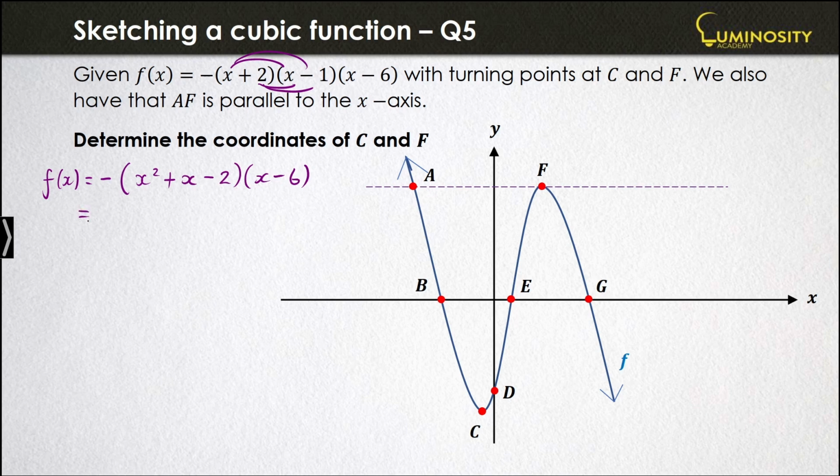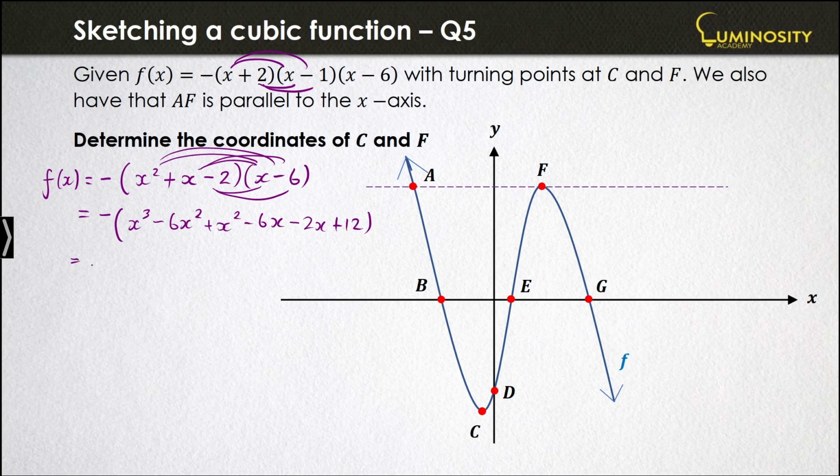I'll leave this negative sign out for the last. So I'm going to first expand out these terms. I'm going to get x cubed minus 6x squared for the first term, then plus x squared minus 6x for the second term, and then minus 2x plus 12 for the last term.